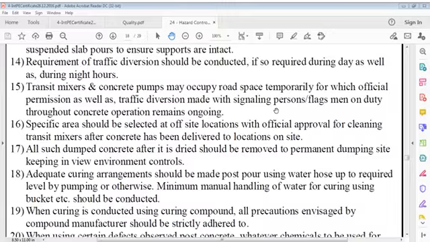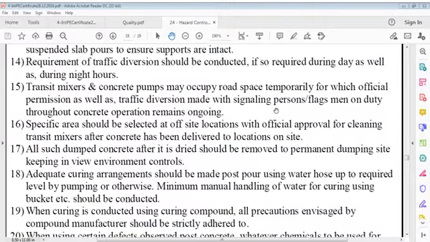Adequate curing arrangements, it may be curing compound, it may be water curing, it may be thermal curing, whatever it is, should be properly arranged and made post pour using a water hose or some other method, whichever is agreed technically between contractor and engineer.